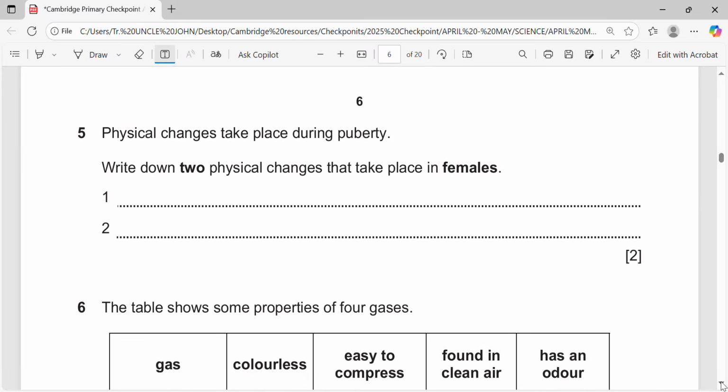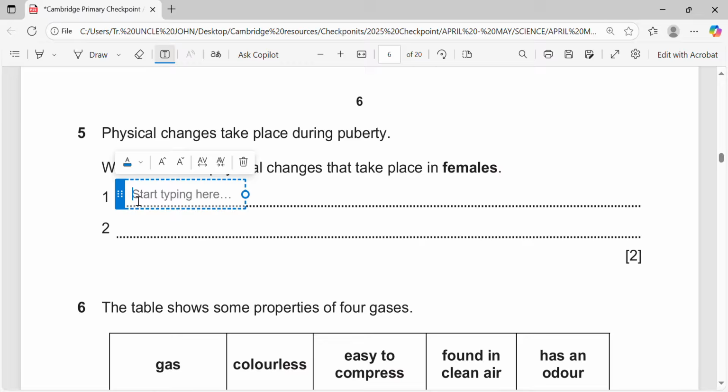Number 5. Physical changes take place during puberty. Write down 2 physical changes that take place in females. Hips widen.